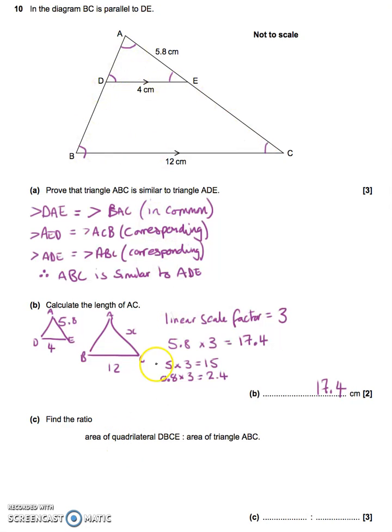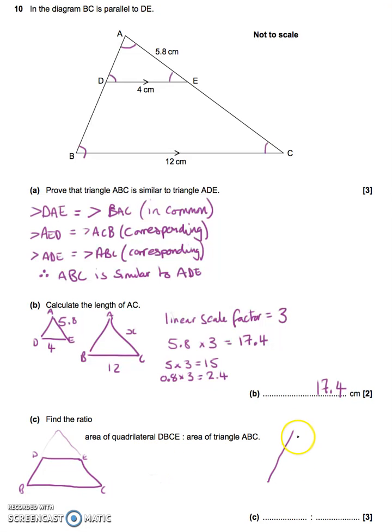We've got the quadrilateral, and I'm going to draw that there. So we've got D, E, B, and C for the quadrilateral, and I'm just going to faintly draw the rest of that triangle in there. Okay, but we've got D, B, C, E for our quadrilateral, and we've got the triangle ABC.